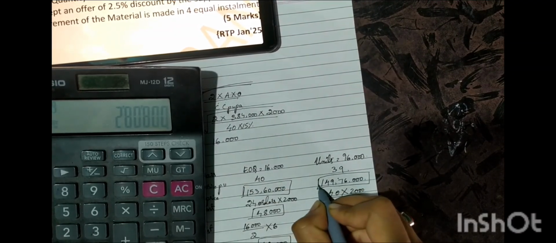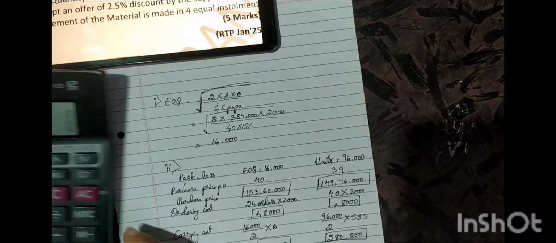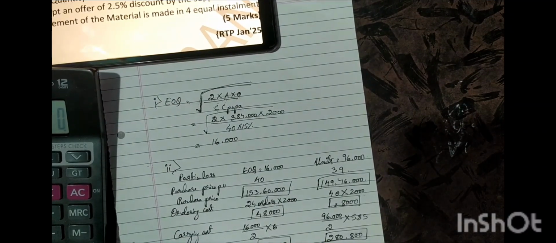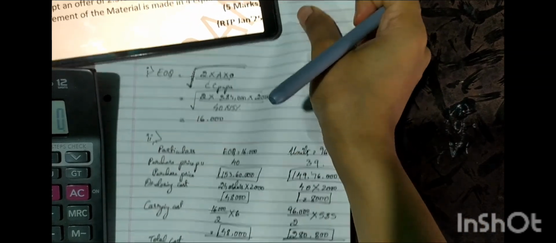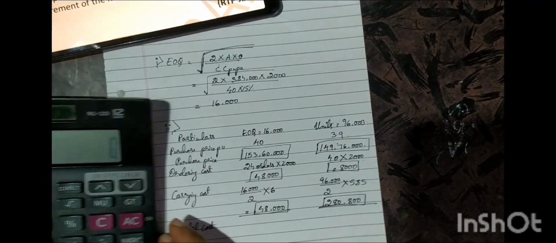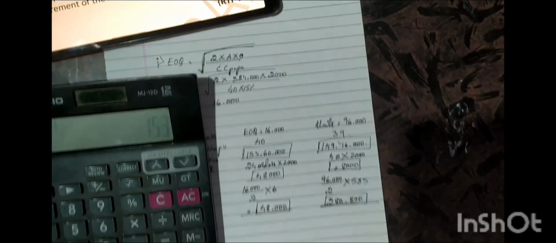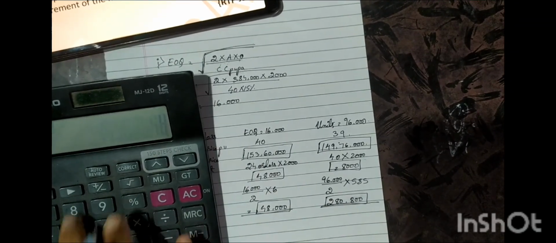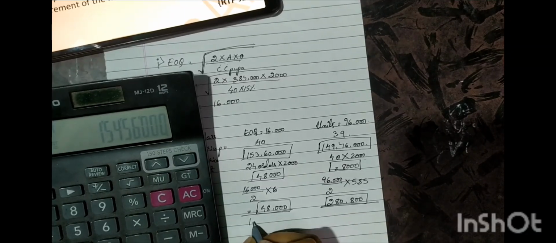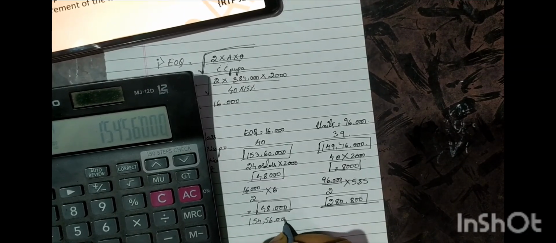So now we will total all the cost. Okay, so total cost is equal to 1,53,60,000 plus 48,000 plus 48,000. It is 1,54,56,000.